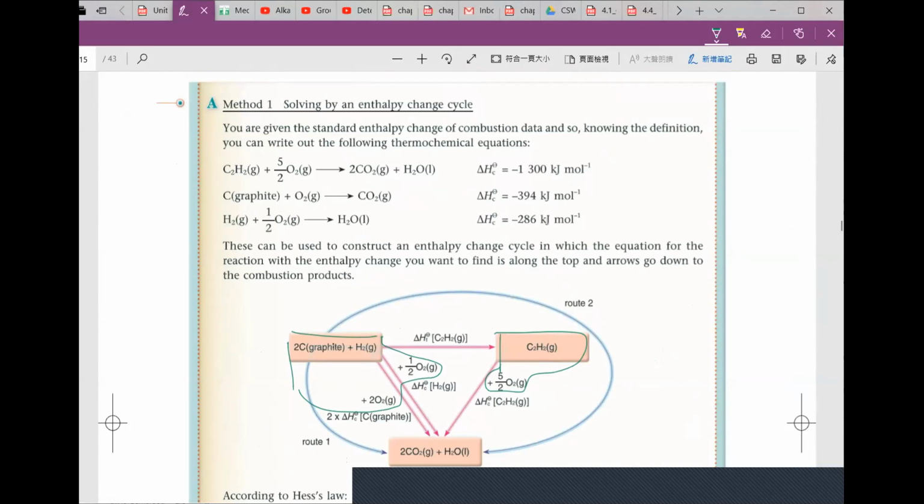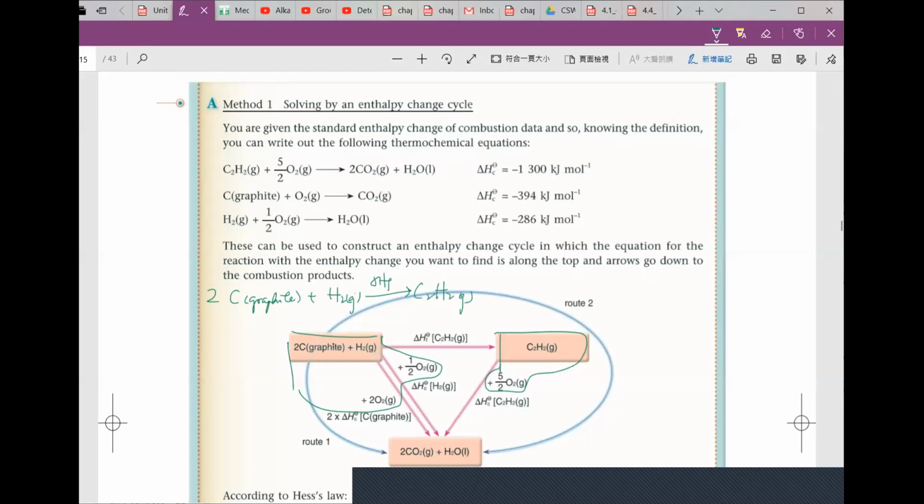So what I'm going to do is to find the delta H of formation of this equation, which is 2 carbon graphite, 2C graphite, plus hydrogen gas to form C2H2 gas.